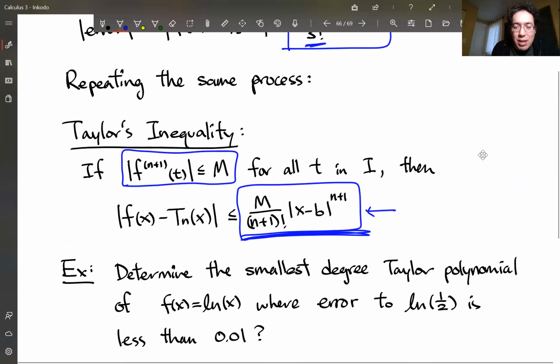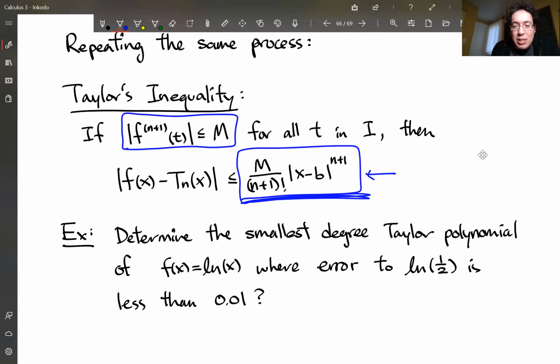Okay. All right. So let's use this. I'm going to take the opposite point of view this time. So instead of specifying the approximation and giving an interval, and then asking what the error is going to be, I'm going to do the more practical thing and go backwards.